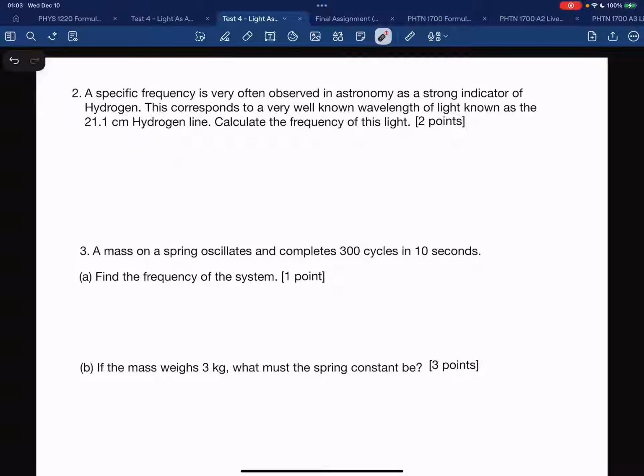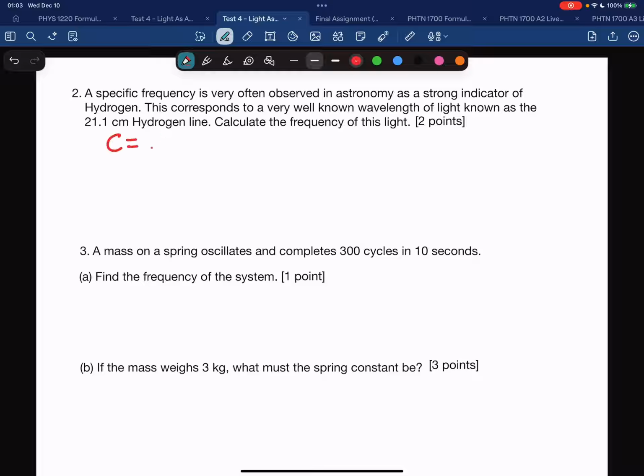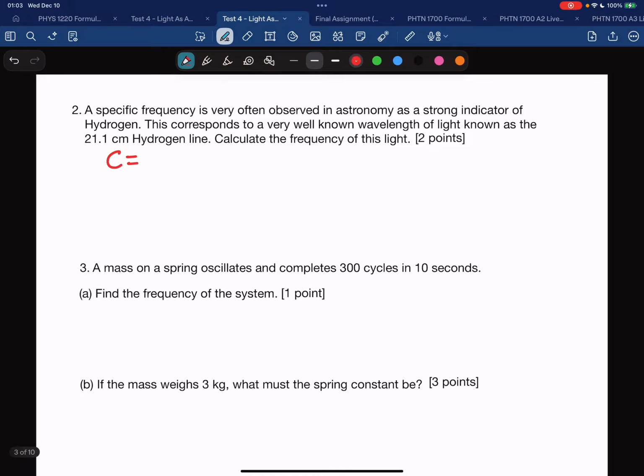So we know the speed of light is c, and we know that the speed of a wave, given by the wave equation, is equal to the frequency times the wavelength. We are asked for the frequency, we know what the speed of light is, and we are given the wavelength, so we have everything we need here.